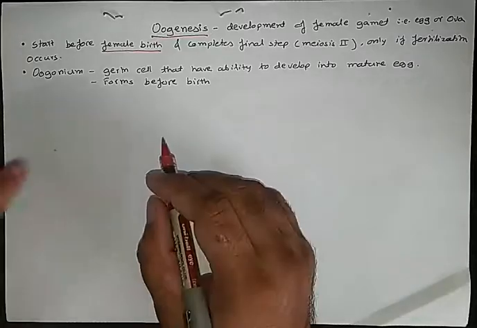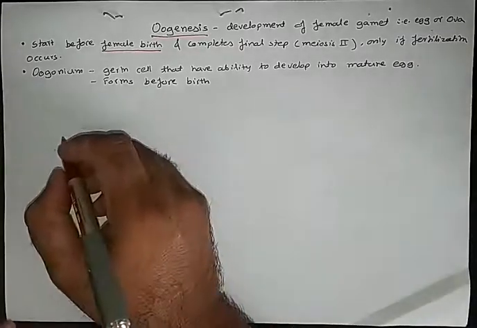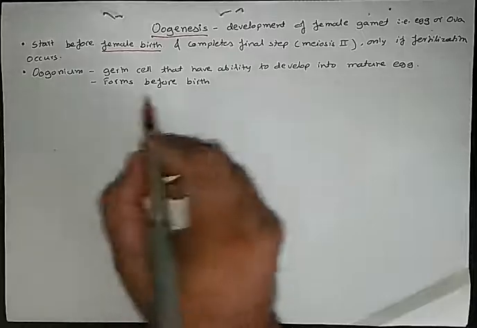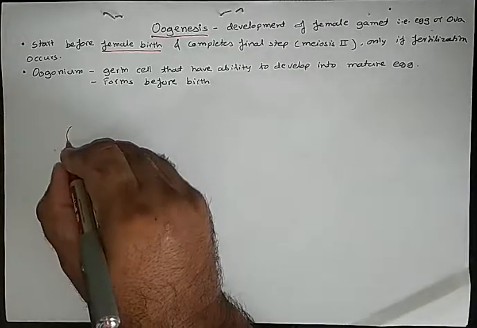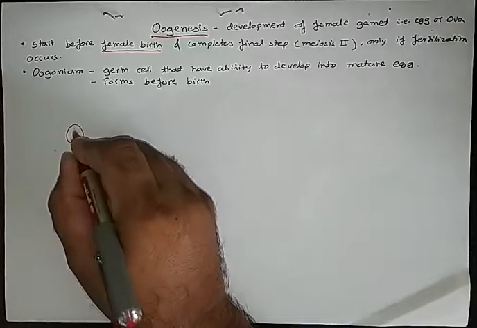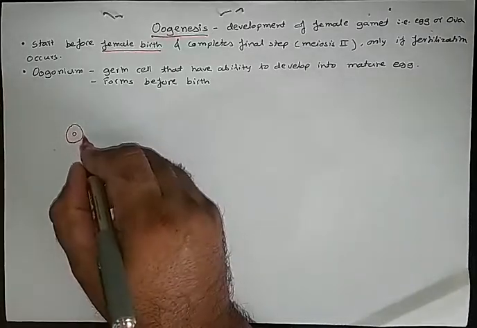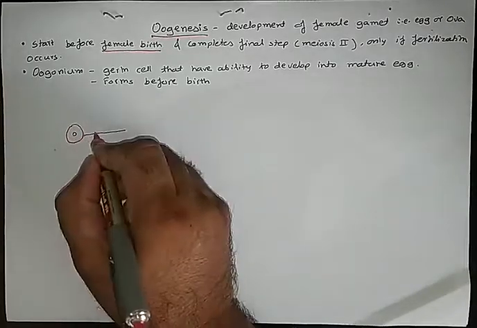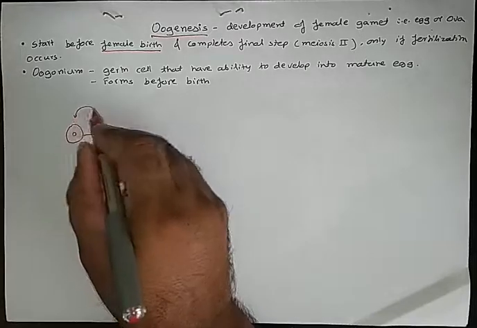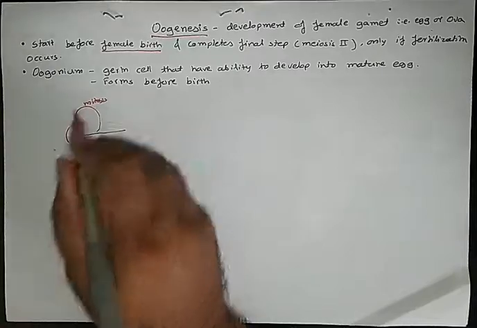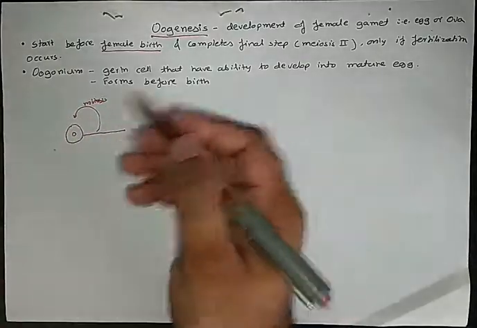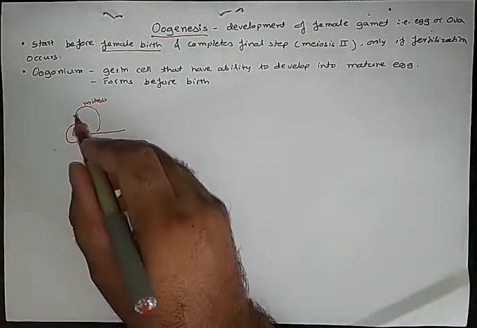Before birth there are the germ cells. So this is a germ cell. Now this germ cell can go through mitosis and can form multiple germ cells.